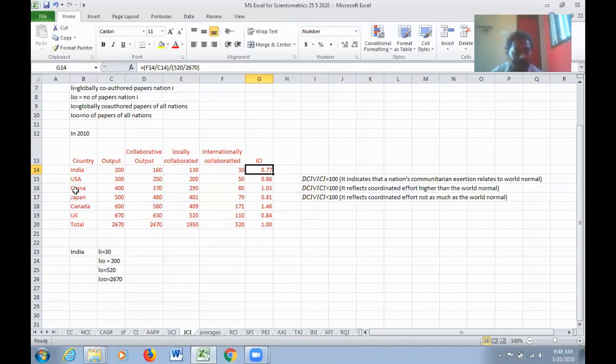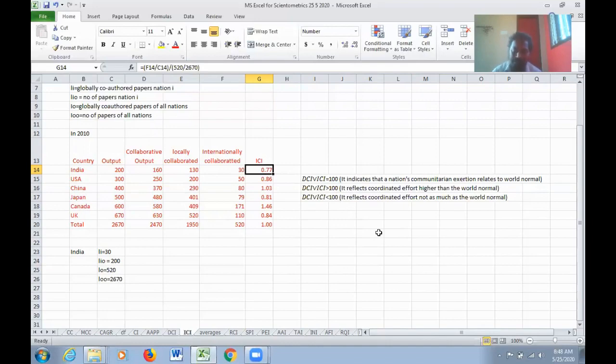So if you take China, it is 1.03. If you take Canada, it is 1.46. That means if ICI is equal to 100, it means that we are at par with the average of the world. If DCI or ICI is more than 100, it means that our coordinated efforts are higher than the world average level.